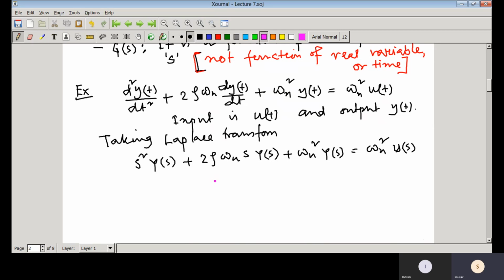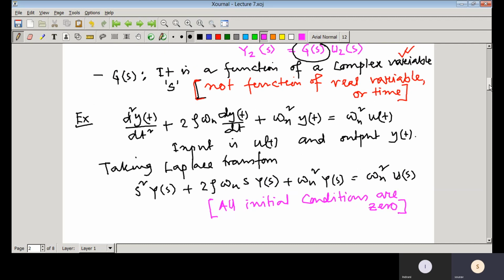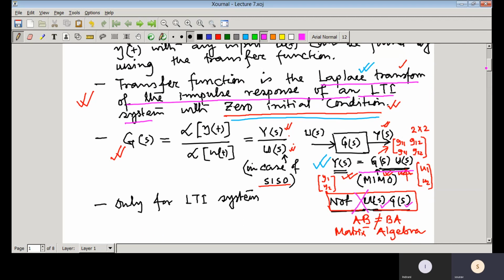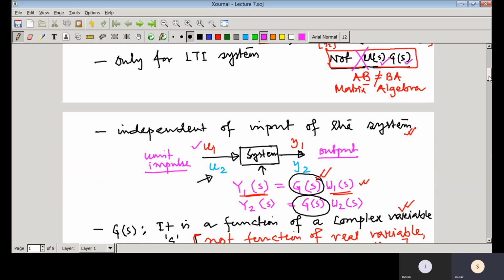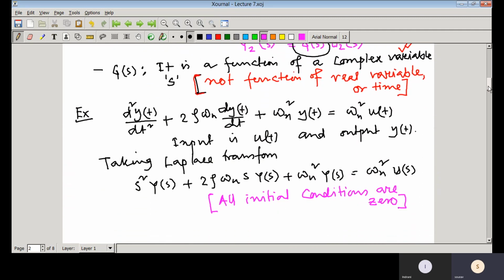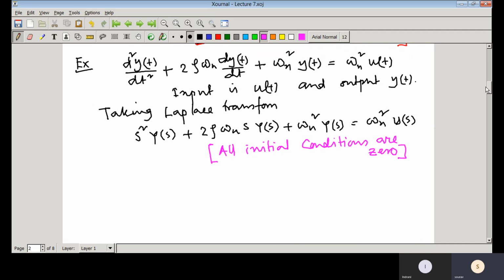So keep in mind that all initial conditions are 0. As our objective is to find the transfer function, we need to assume that all initial conditions are 0. Here you can see in the definition that all initial conditions should be 0. That means y(0), then the first derivative of y at 0, all are zeros. Then this one is in algebraic form.